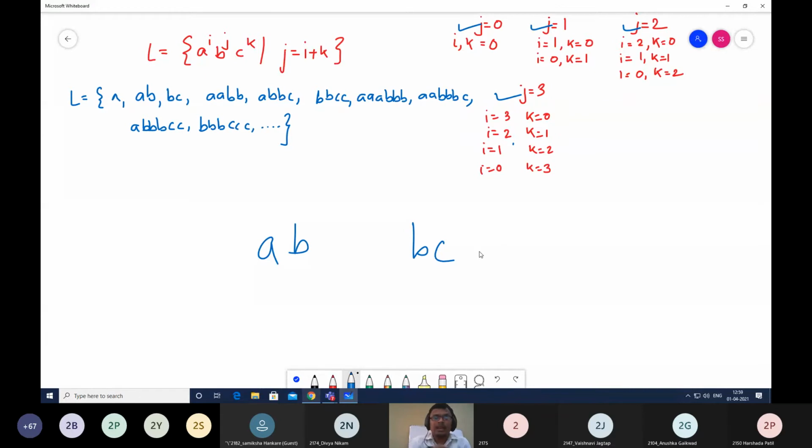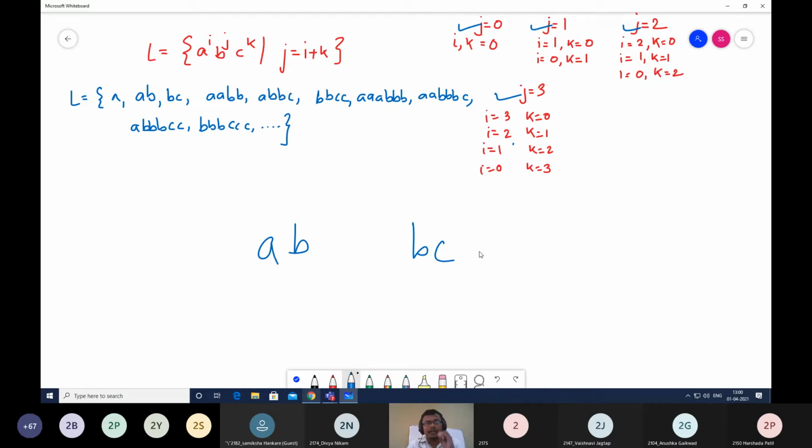Then only the count will be maintained. The moment I add a B, a corresponding A has to be added or a corresponding C has to be added. Then only the count of J equal to I plus K will be maintained. Are you getting what I'm trying to explain?